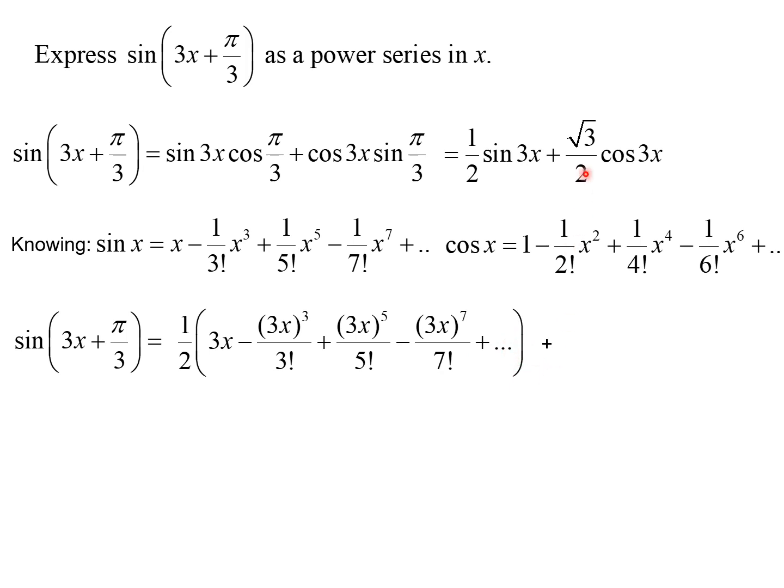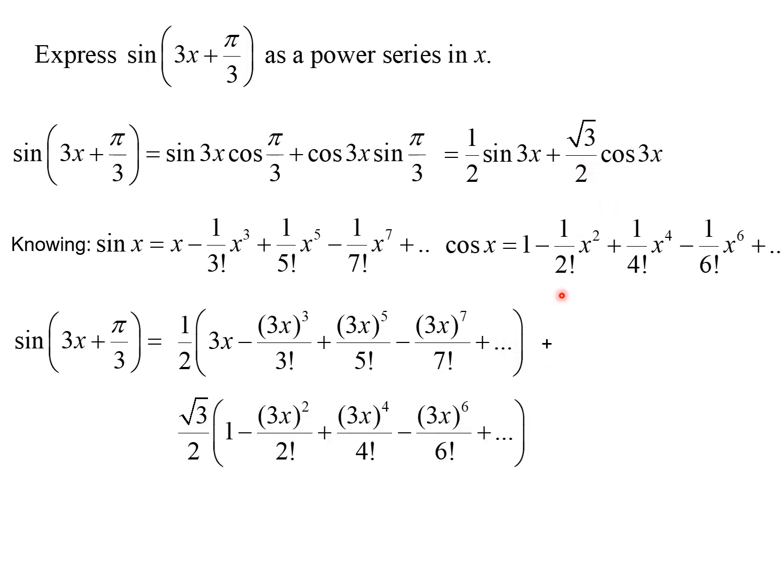And then the second part is root 3 over 2 multiplied by cos 3x. Okay. You need to work out the cos 3x basic power series yourself. Just follow the previous examples. Okay. So instead of sine it is cos. So cos x now is cos 3x.